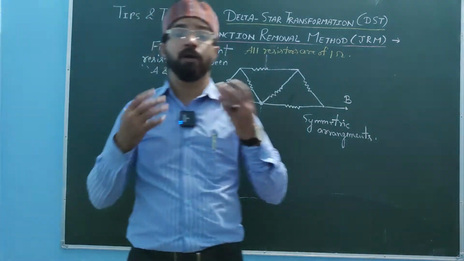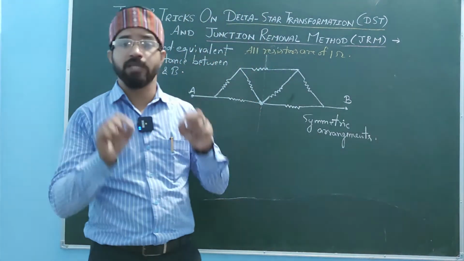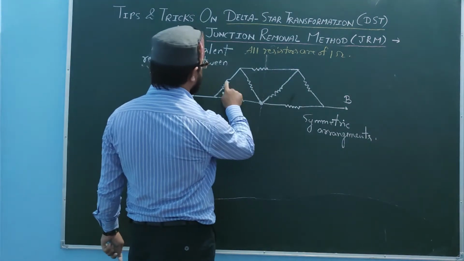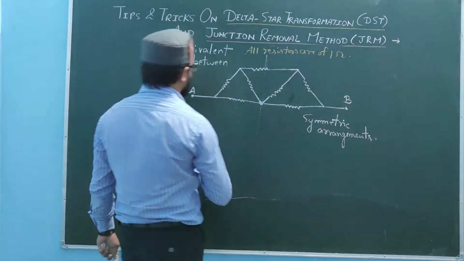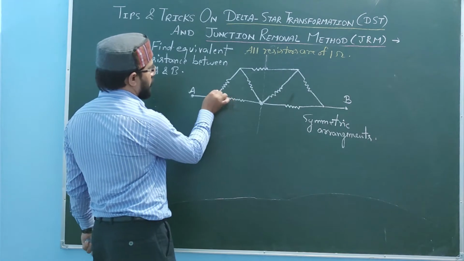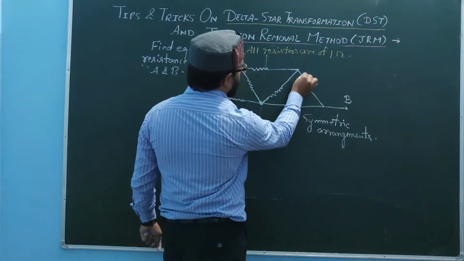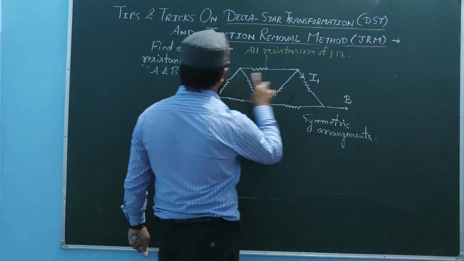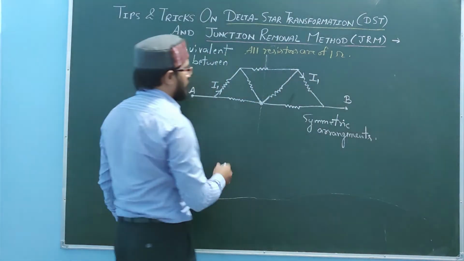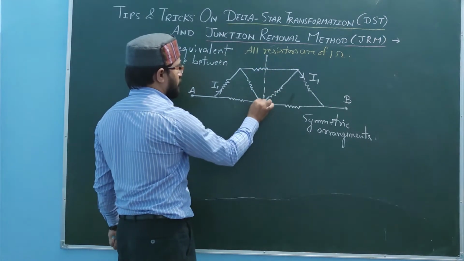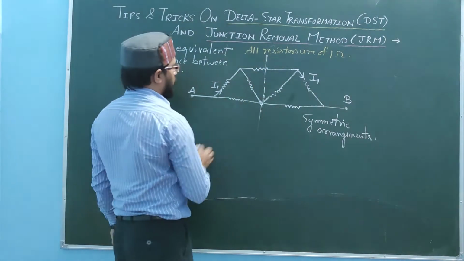In similar branches, the same current will flow. This branch is the mirror image of that one. Suppose the current moving in this branch from A to B is I1. This is the imaginary line we have taken, don't forget. In the mirror branch the current is also I1.